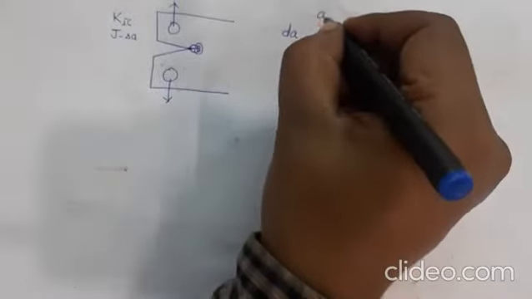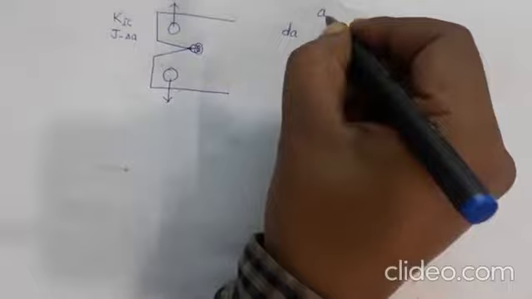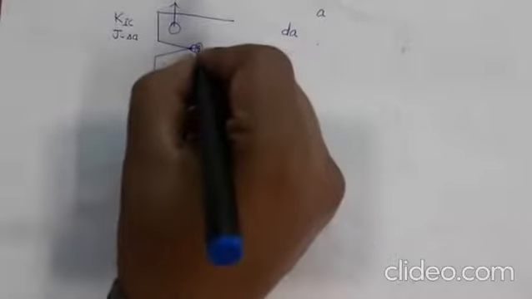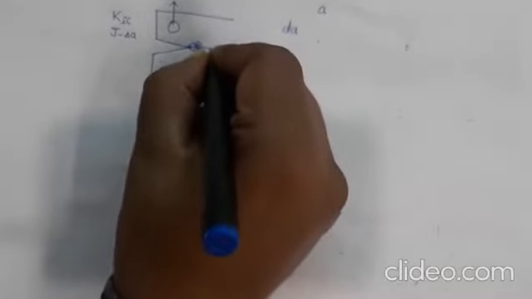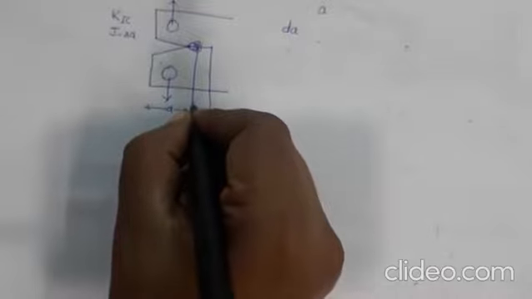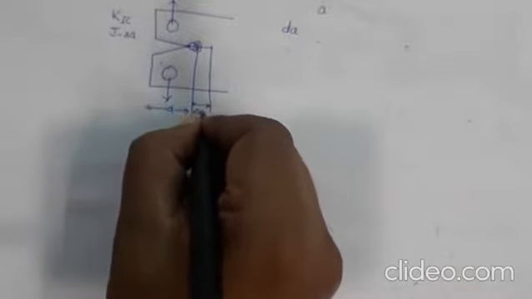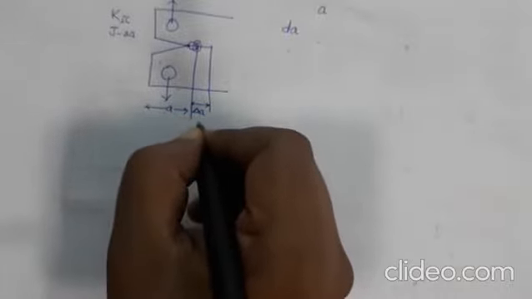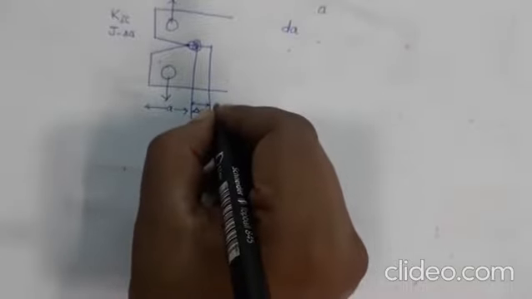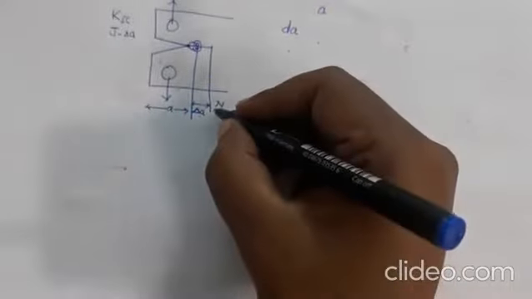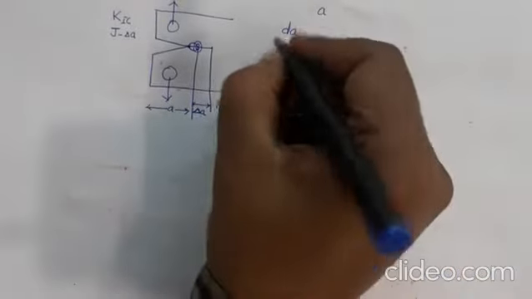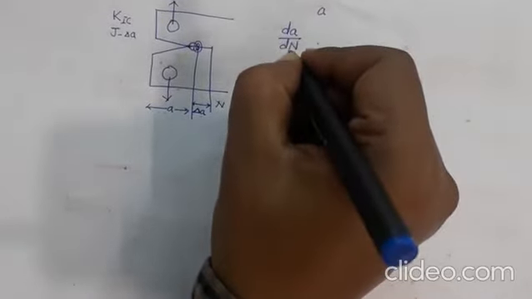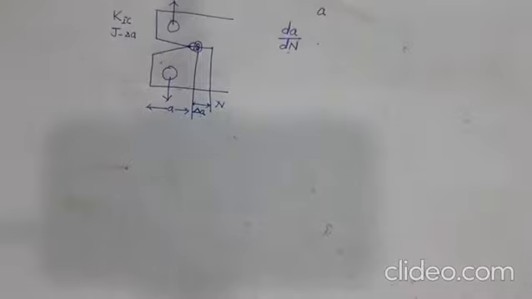Let's say initially you had a crack of length A, and in certain cycles of fatigue loading the crack grew by an amount delta A. This is the crack growth, delta A, and if that has taken n number of cycles, we want to find out the crack growth per unit cycle. That is called dA by dN, where A is the crack length and N is the number of cycles we are applying.